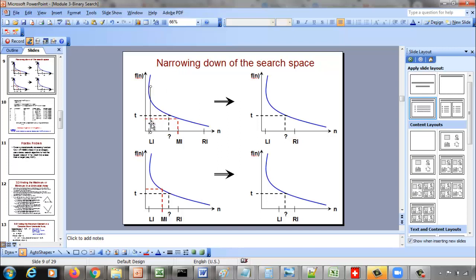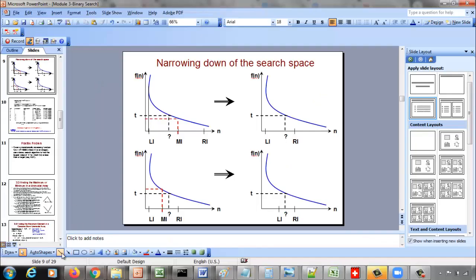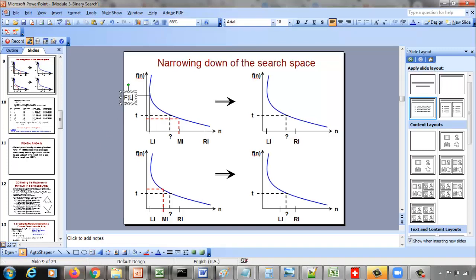You always choose the left index in such a way for this problem that the function value at the left index is greater than or equal to the threshold.